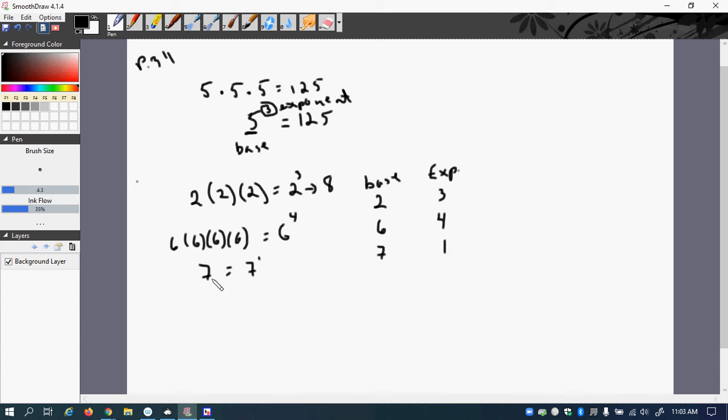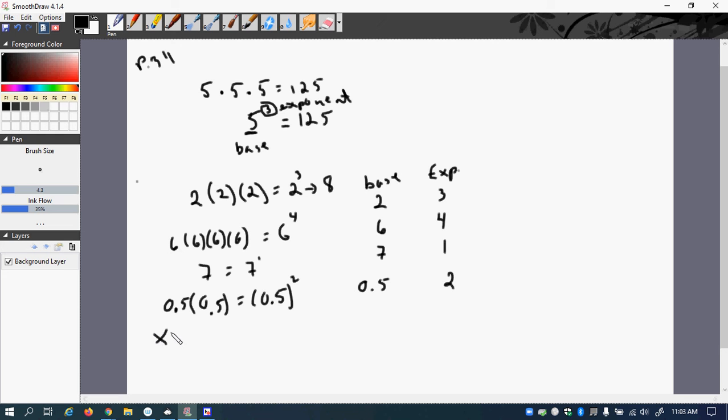We can do decimals too. It doesn't make any difference. So 0.5 multiplied by 0.5 is really 0.5 to the second power. And so again, the base is 0.5 and the exponent is 2. And we can do variables too.